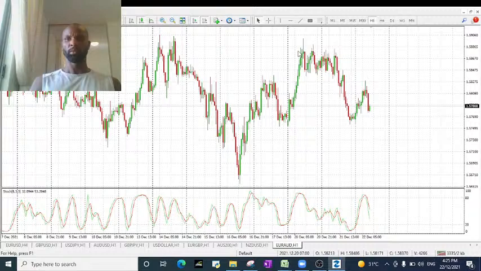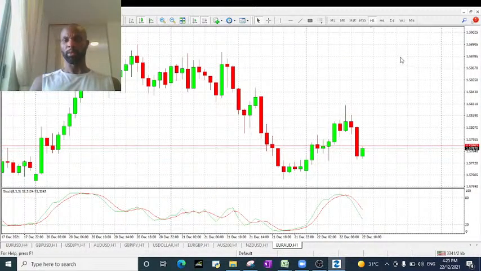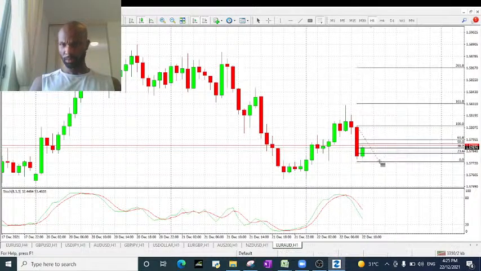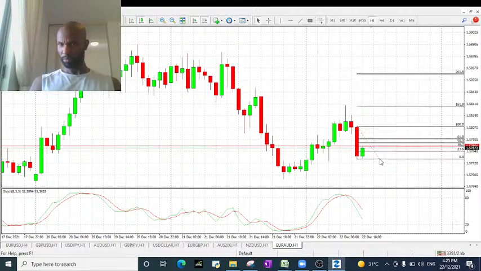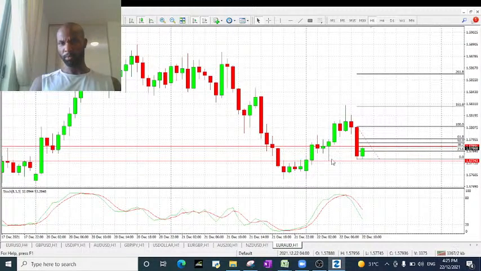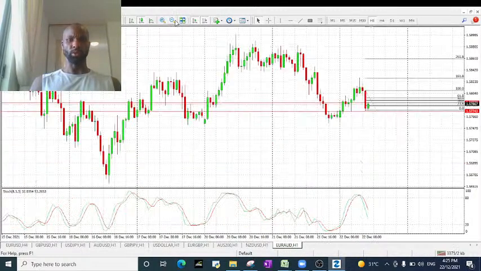I've worried about this pair. Now we might get something to work with here. Even though we have a rejection here, have all these wicks here, it doesn't really look good. But yeah, we might get something to work with.